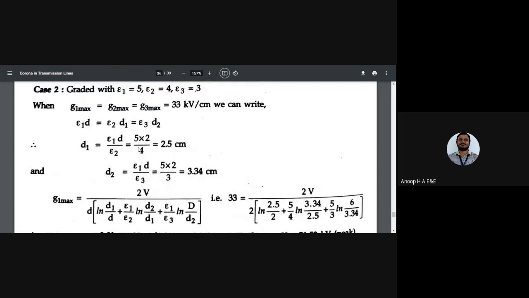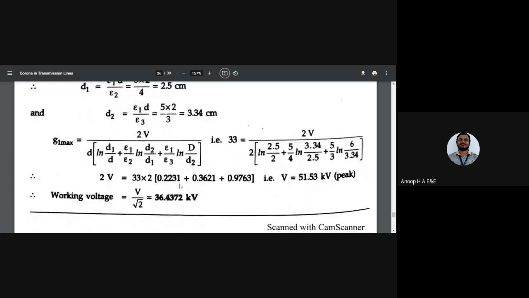Okay, so can you do it? What is D1 you are getting? It is 2.5 centimeters, and D2 is 3.34 centimeters. Hope it is clear right now. So D1 equals 2.5 centimeters and D2 is 3.34 centimeters.